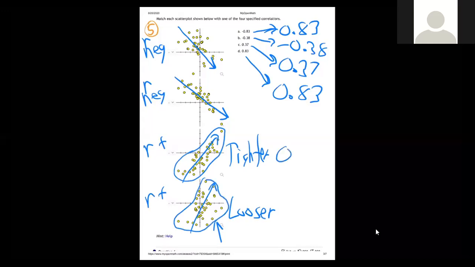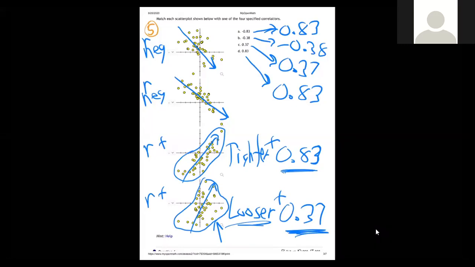So this one's going to be the one closer to 1, 0.83, and this is going to be the 0.37 because it's looser, it's closer to 0. They're both positive. They're both lines going up to the right, but the tighter pattern has the number closer to 1, and the looser pattern has the number closer to 0.